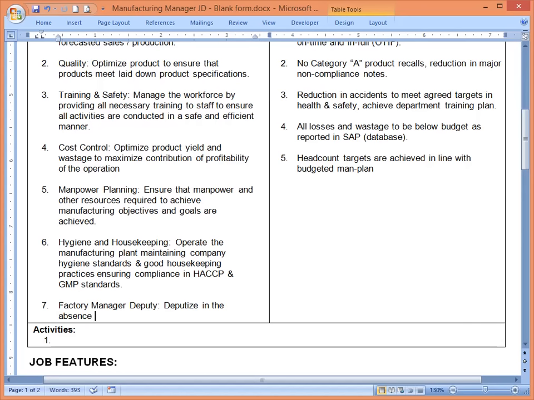So better to put it in, to remove ambiguity of the contract. This is like a contract, the job description, right? So, of Factory Manager. I will capitalize the first letter because this is a job title, Factory Manager.